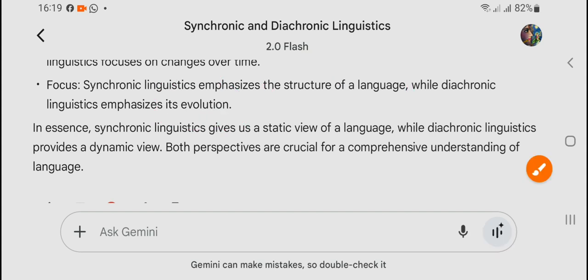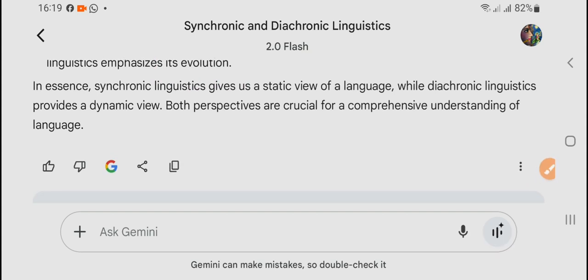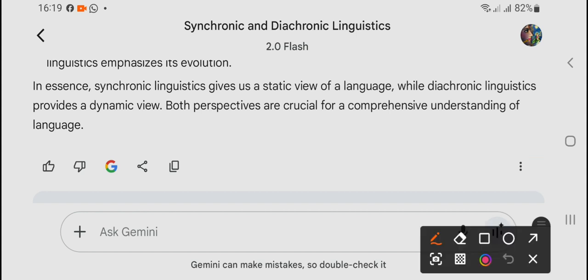Okay, now in essence, synchronic linguistics gives us a static view of a language, while diachronic linguistics provides a dynamic view. Static view means this period only.